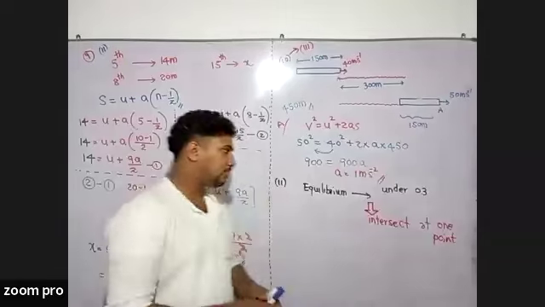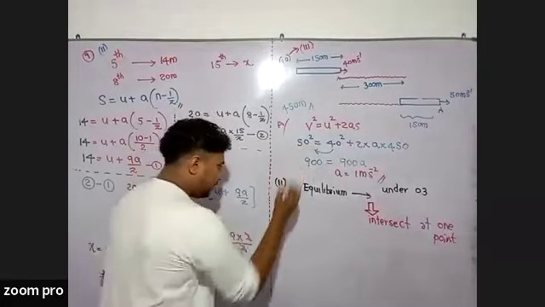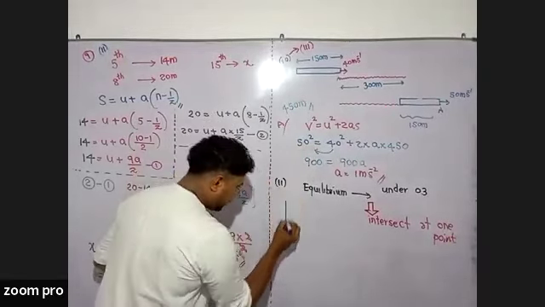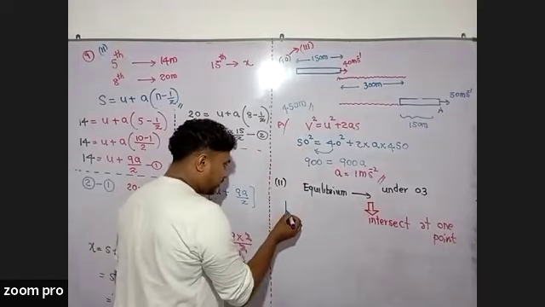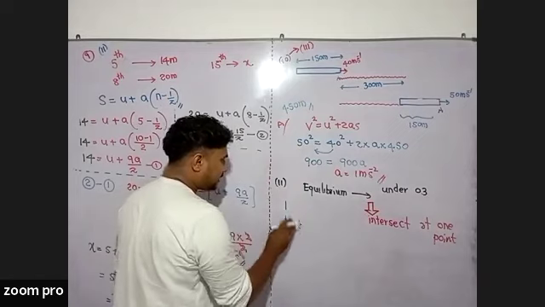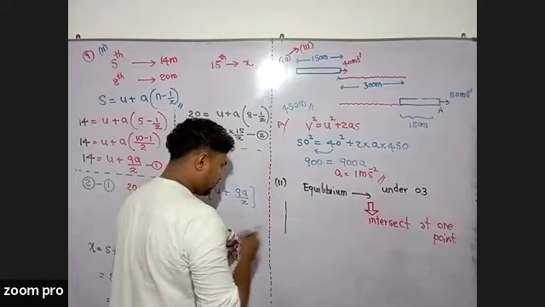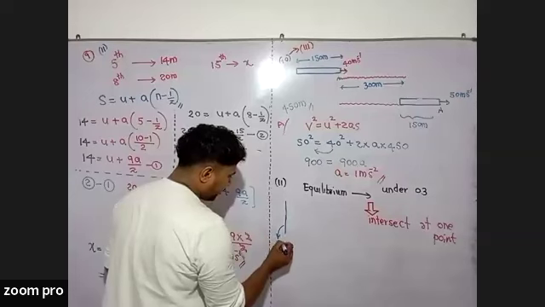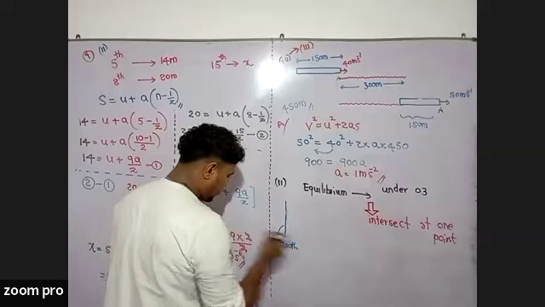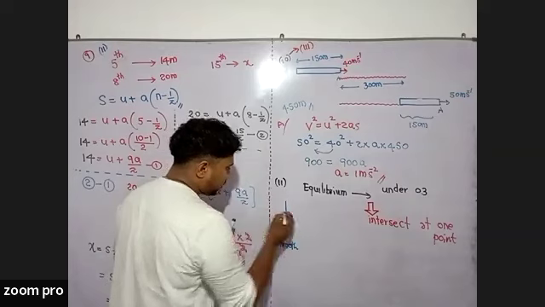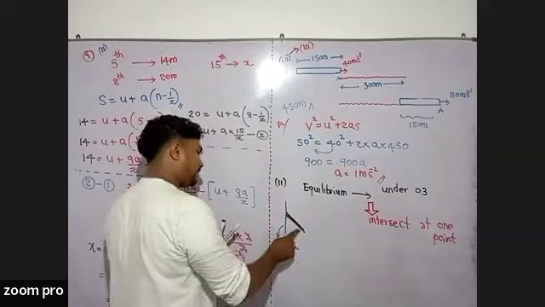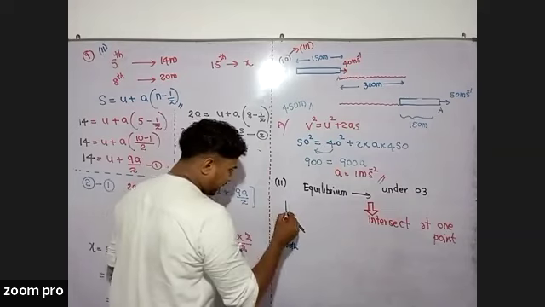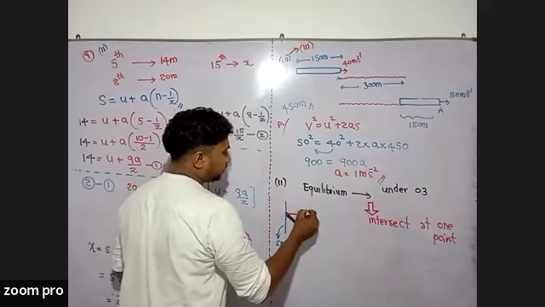The other thing is when you mark the forces, if it is a smooth surface, the object only experiences a normal reaction, right? Let's assume this is the object, and it is always exerted perpendicular to the surface.